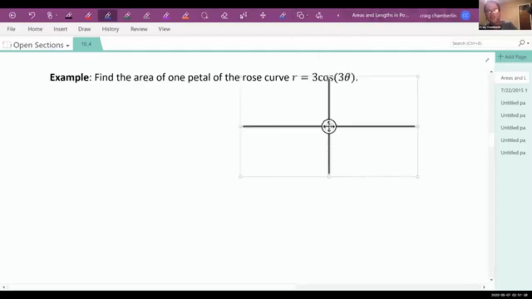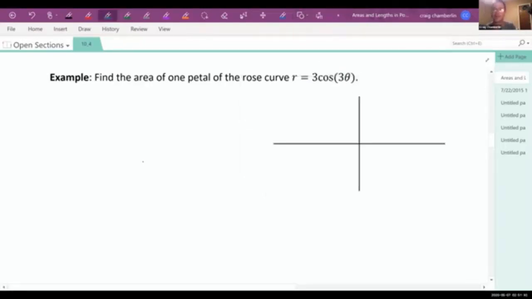So let's do that. I don't have polar graph paper, so I'll go ahead and use an XY plane. Think about what I want to do here. I want to graph r and theta, right? And usually what we do for rose curves, for limacons, we start theta at 0. So if you start theta at 0, 3 times 0 is 0, you get the cosine of 0, which is 1 times 3, which is 3.